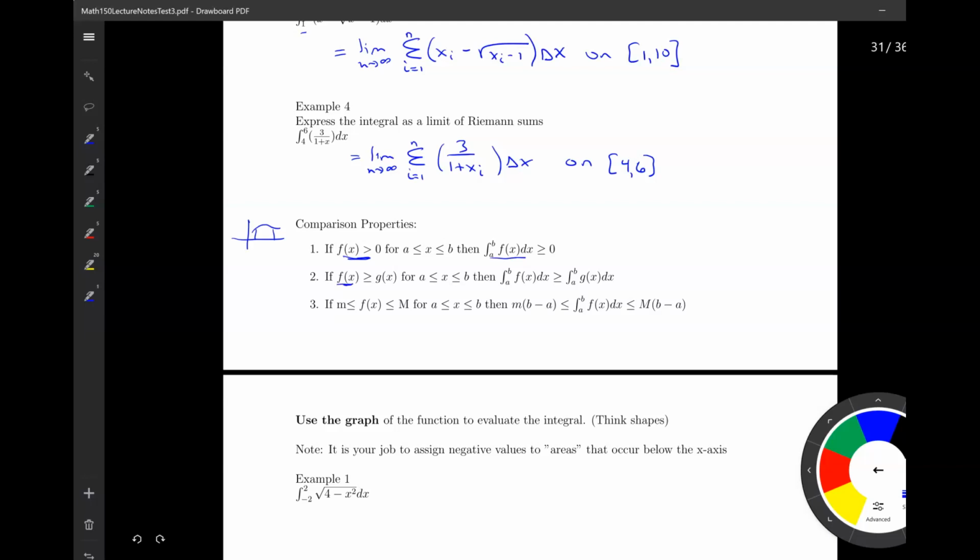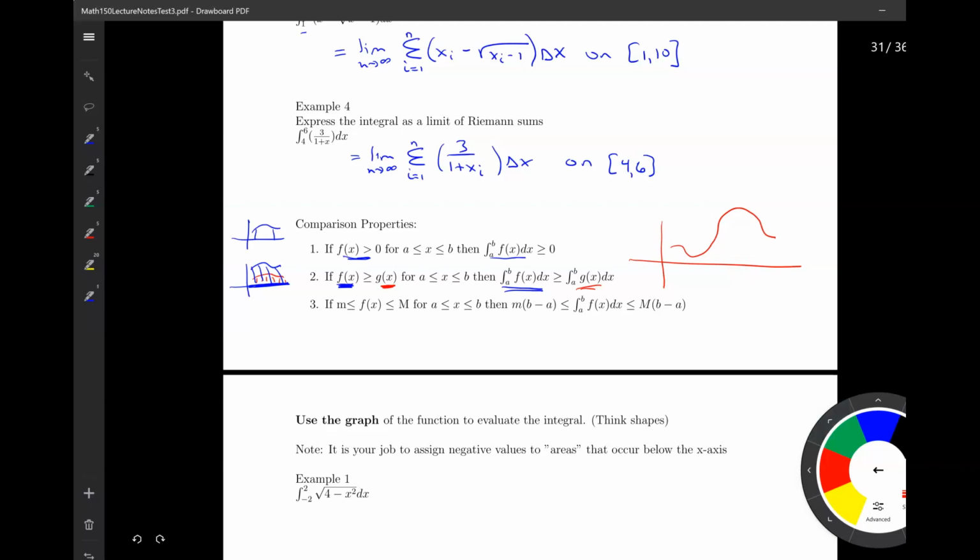Then if f of x is bigger than g of x, if f of x is above g of x, let me make g of x red, the area under g of x compared to the area under f of x, because you always go down to the x-axis, the blue area will be larger than the red area. And this last one here, we're going to be using in a theorem shortly, so I just wanted to remind you of it.